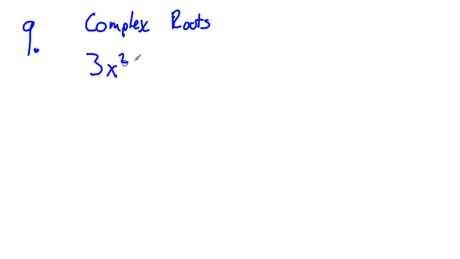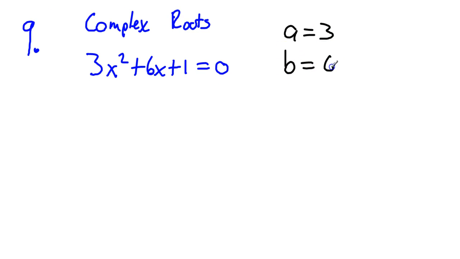All right, one more quadratic formula. But for this one, it tells you you're going to have complex roots. So A is 3, B is 6, and C is 1.